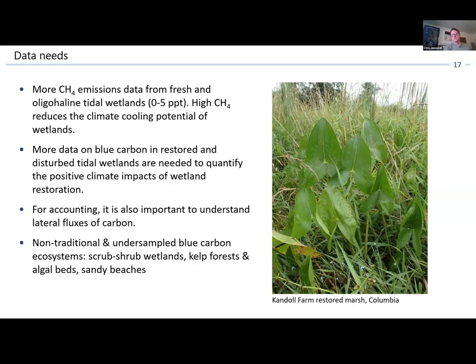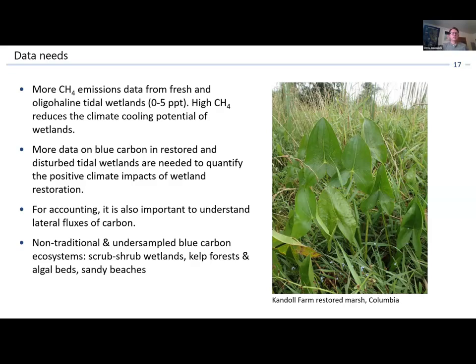So we do need more data to constrain our understanding of the variability in those ecosystems. We do need more blue carbon data on restored and disturbed tidal wetlands. We did not include those in the previous analysis, but there's certainly intense interest in understanding the blue carbon function of restoring wetlands. So we need more data to support our understanding of patterns there.